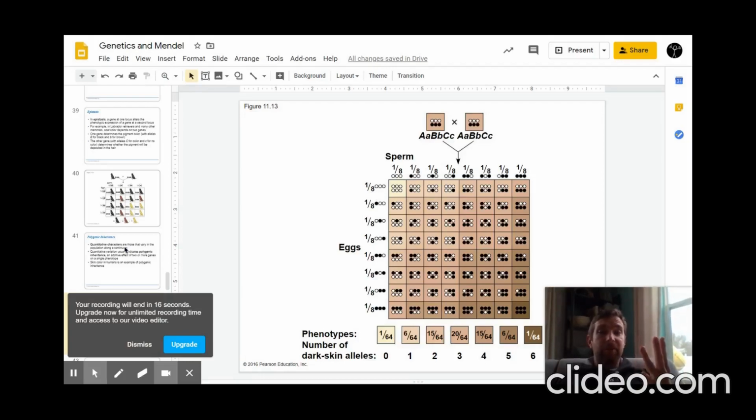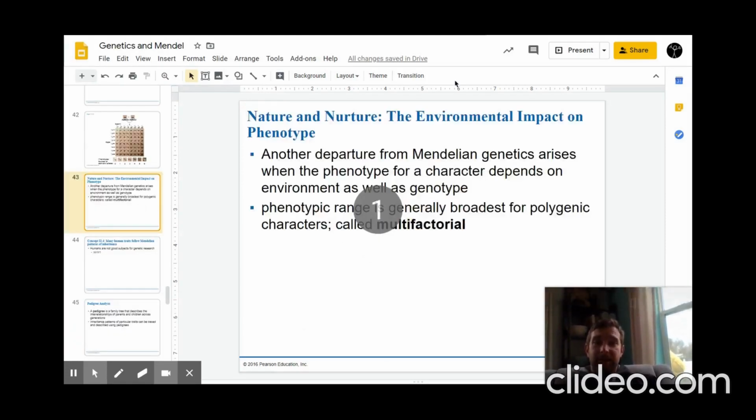And if there are only 3 different markers that are responsible for this, we have these 6 different combinations that we can get out of this big cross here. So we can see that we've got multiple ways that we can inherit traits.